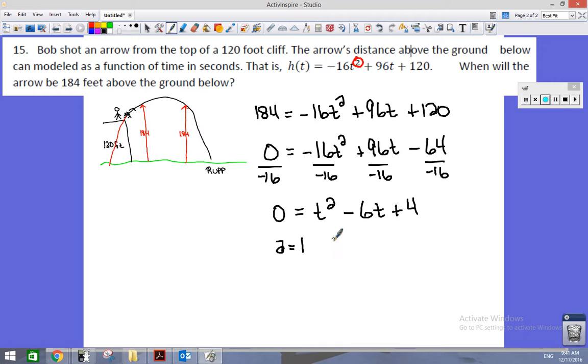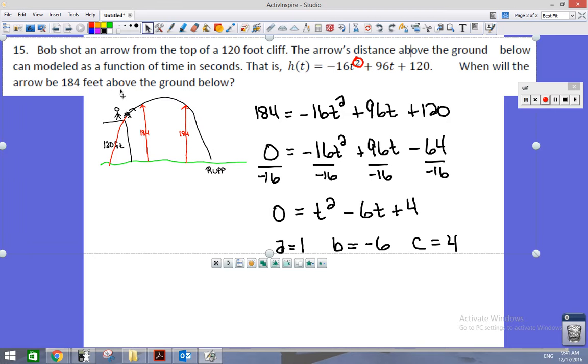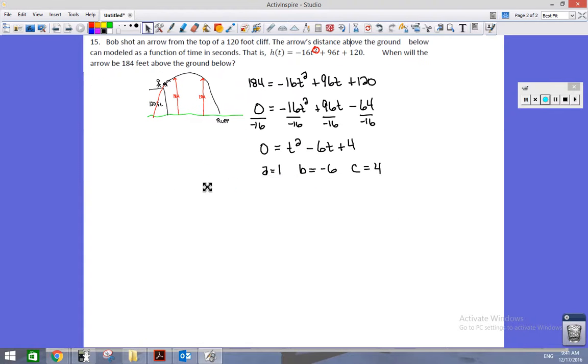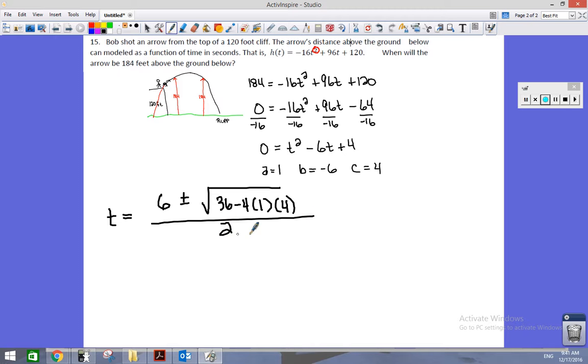Let's identify A, B, and C. And give myself a little bit of room. So I've got the opposite of B, which is 6, plus or minus the square root of B squared, which is 36, minus 4 times A times C, all divided by 2A.